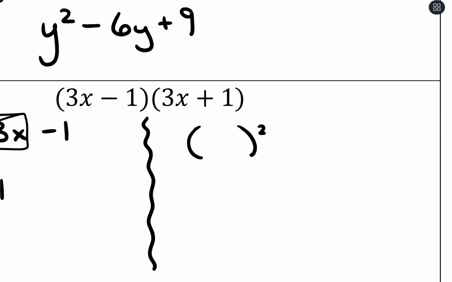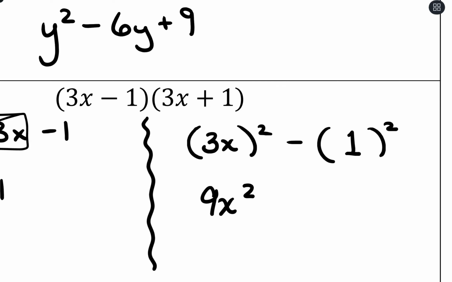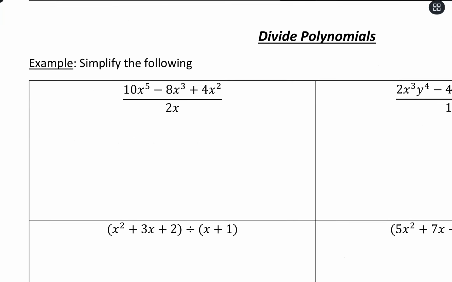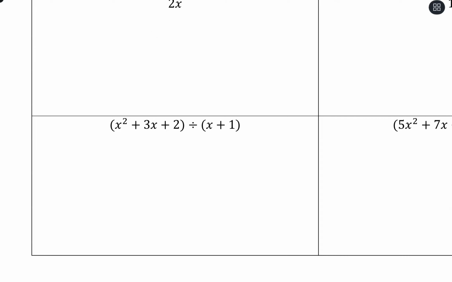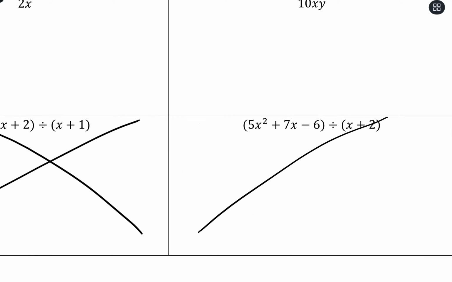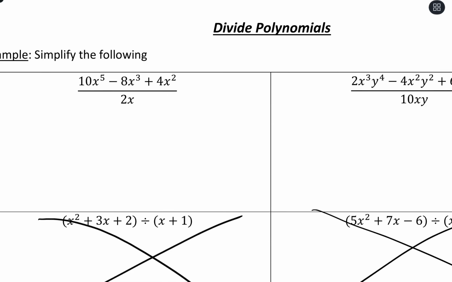So we're going to have something squared minus something squared. It's going to come from that first term of 3x and that second term of 1. So that would show us our 9x squared minus 1. Either way works. All right, quick overview of dividing polynomials, and we are actually going to skip these last two. We'll see these later on in the term, but not right now.